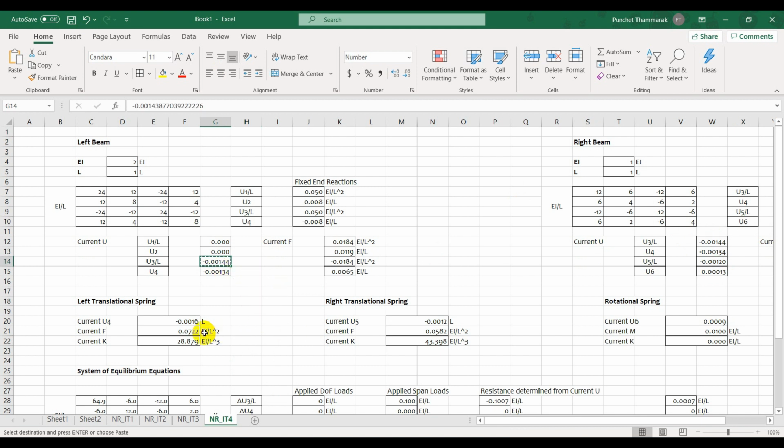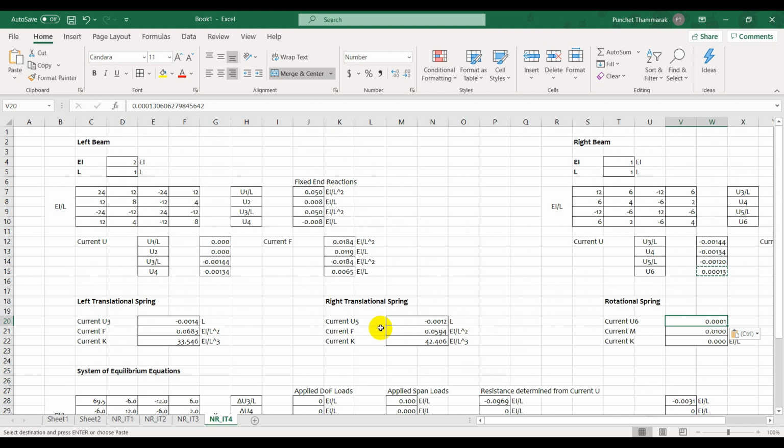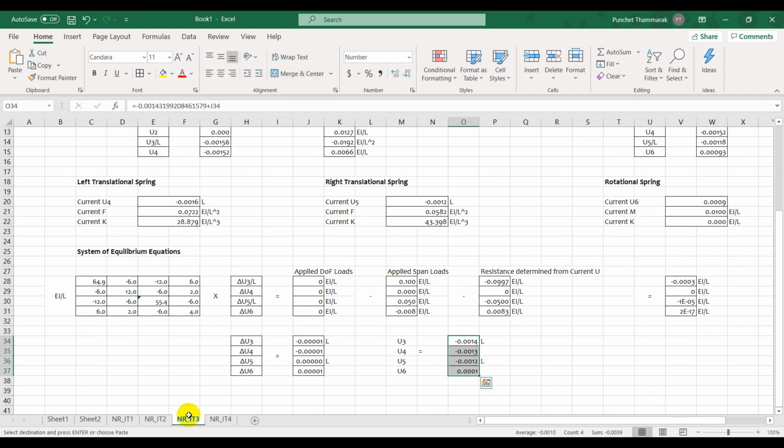And then the number 4. This is number 3, right? Not 4. And number 5 in place. Number 6 put in place. Why? I mean, it is supposed to converge.